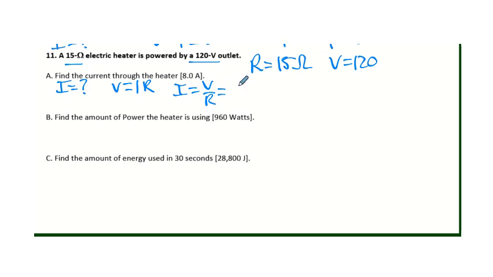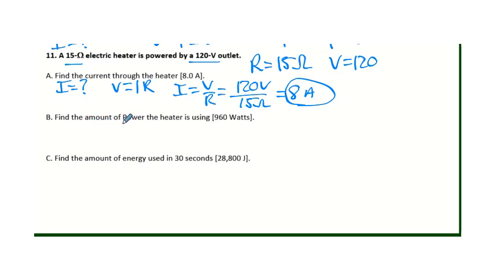So I is equal to V divided by R. When we solve Ohm's law, we get 120 volts divided by 15 ohms. So let's type that into our calculator. And we get 8 amps of current for our answer.